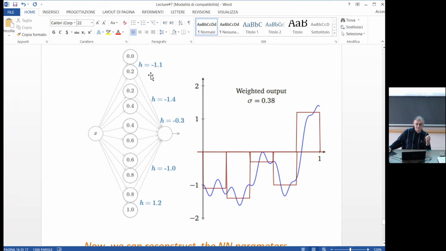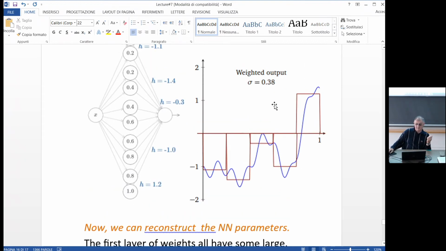And then we have some H. So it is S, S1, S2, S3, S4, the coordinates of jumps. And we have the precision, weighted output sigma 0.38. So it is our epsilon.